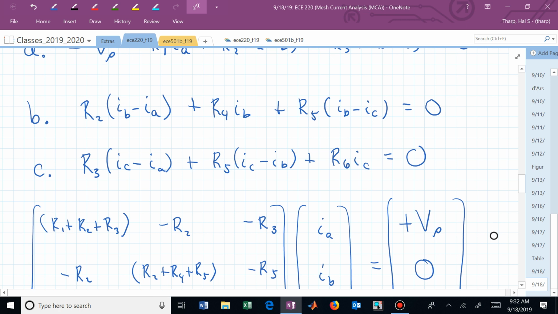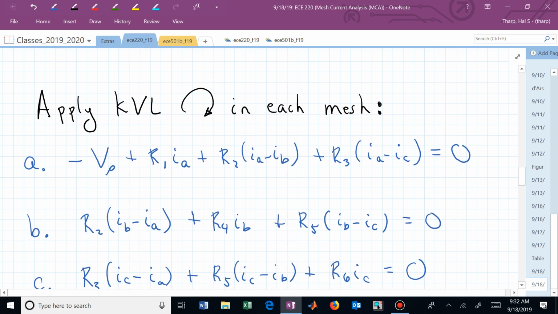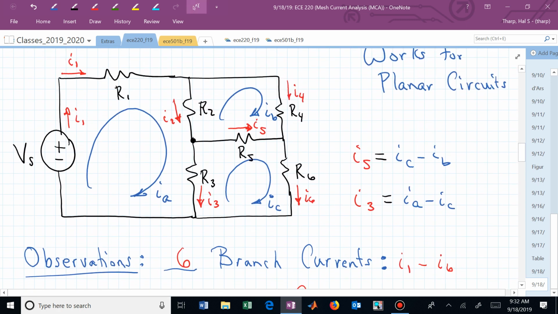By inspection, how do we write the third and final row of that matrix expression? What's in my diagonal entry? All the resistors touched by I sub C. R3, R5, R6. Off diagonals, in the first column of that third row, I sub A, yes, it shares R sub 3.